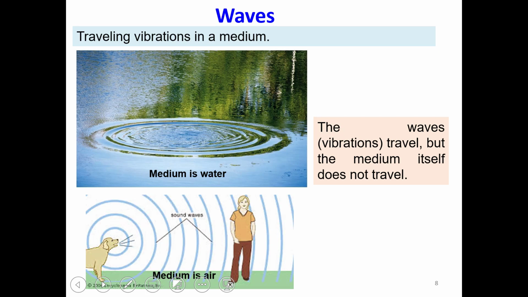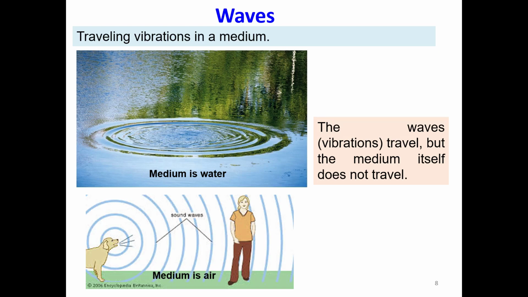Now, why do we study all these variables to describe a vibration? Because a wave is a traveling vibration in a medium. Then a wave is just a vibration. One important thing is that the wave, which is a vibration, travels through the medium, but the medium itself doesn't travel.